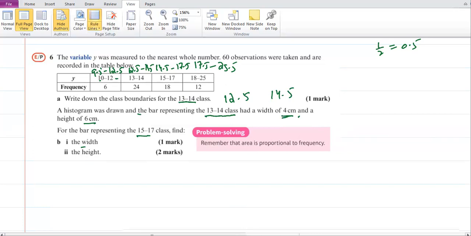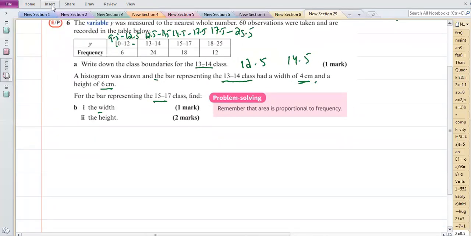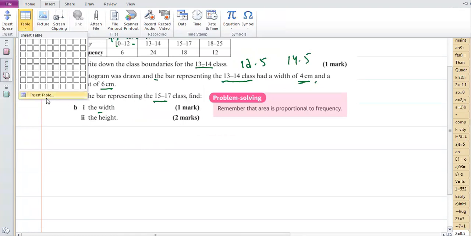What I will do, it's better for me if I will make a table. Okay, let me make a table here. In this table, I need class, then amended class, frequency, class width, and frequency density.